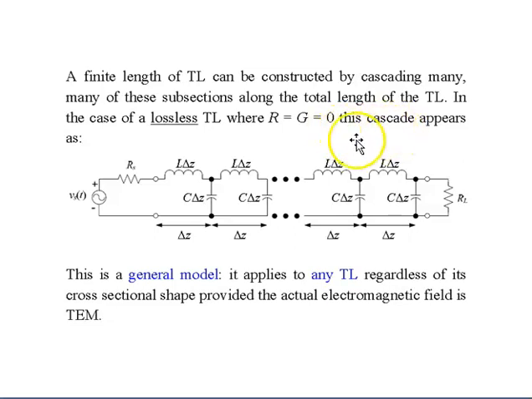So this cascade will appear like this because you are ignoring any losses, so the L and C are without any delta. So this is the general model. It applies to any transmission line regardless of its cross-section shape, provided the actual electromagnetic field is TEM, the transverse electromagnetic.